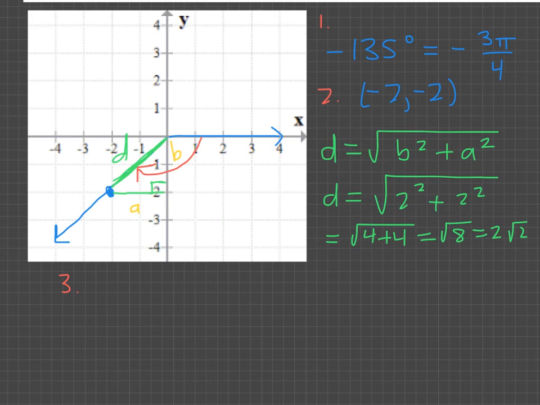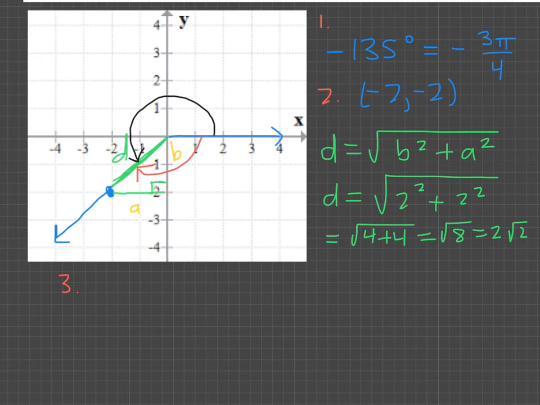Okay, for part 3, we want a positive and negative coterminal angle for our angle negative 135. So our positive angle is going to be going in the counterclockwise direction, so we want this angle that is in black.